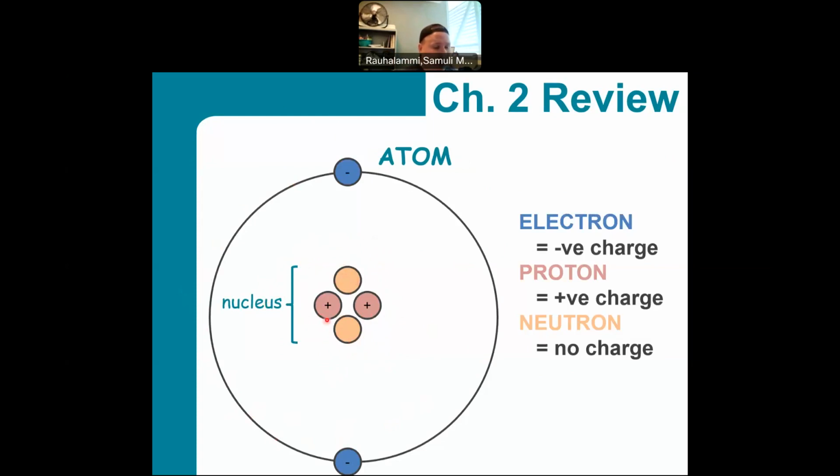Around the nucleus, we have electrons that circle the nucleus. There can be a varying number of electrons depending on what atom we're looking at, but it's almost like they are little planets circling around the nucleus. The arrangement of these electrons depends on how many we have. Electrons carry a negative charge.